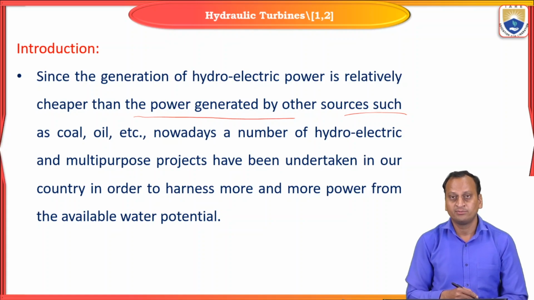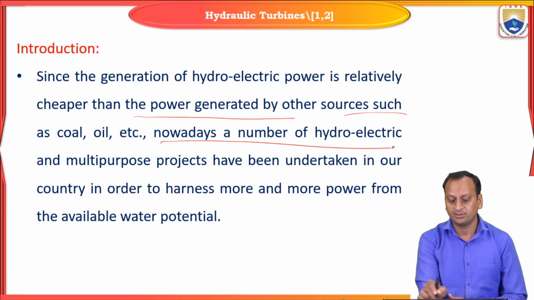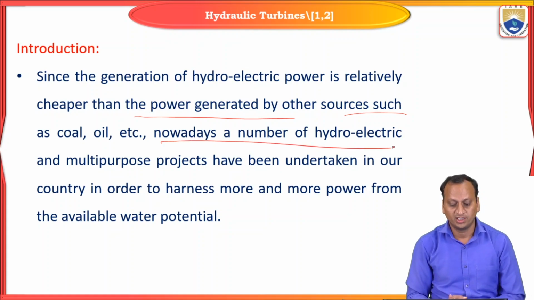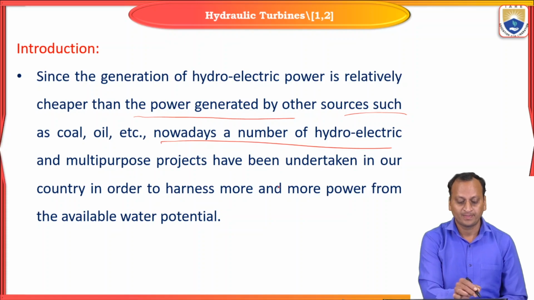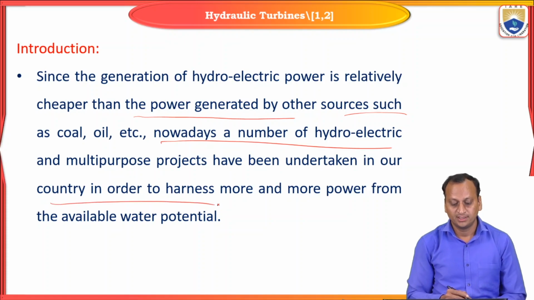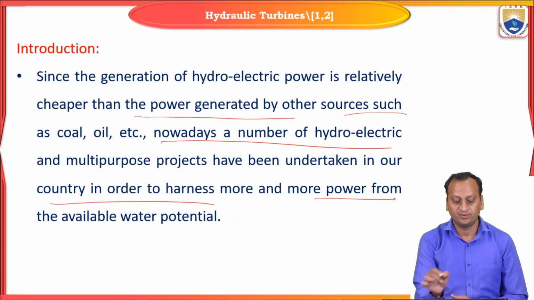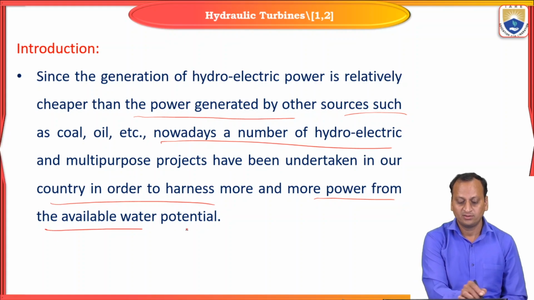About 70% of the power requirement is fulfilled by hydroelectric power stations. Nowadays, a number of hydroelectric and multipurpose projects have been undertaken in our country in order to harness more and more power from the available water potential.